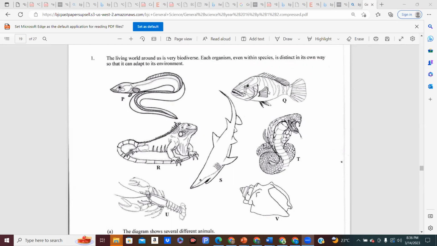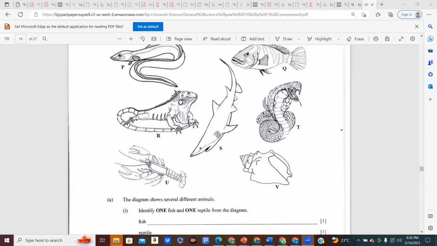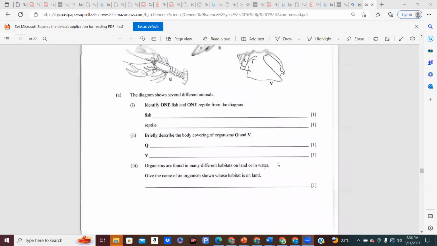Nassau grouper. What is R? Iguana. Not inagua, iguana. What is S? A shark. What is T? Not a snake, a cobra. What is U? A lobster. What is V? A conch. Very good.